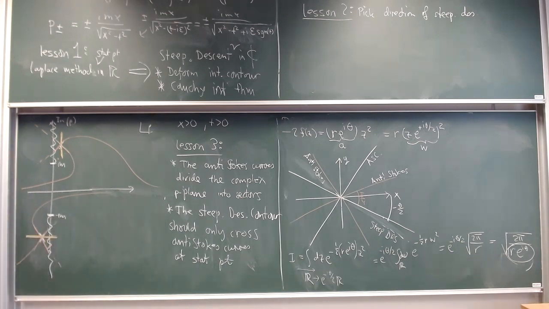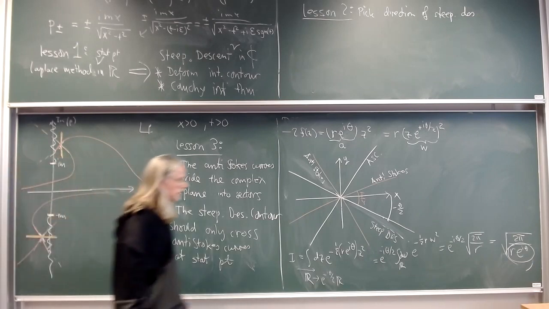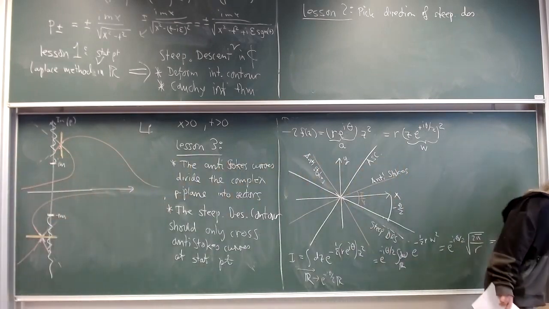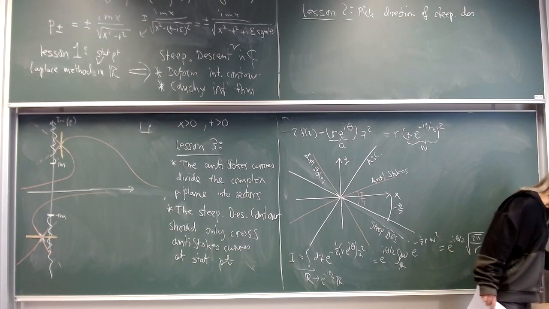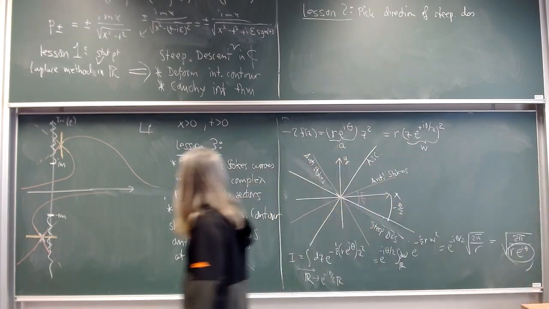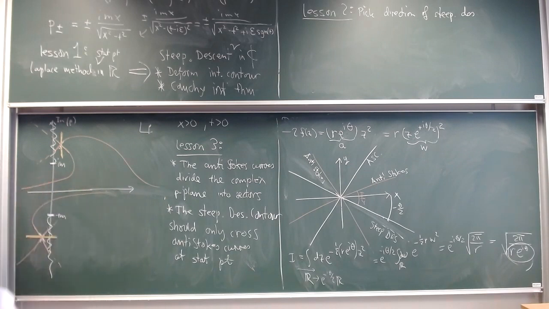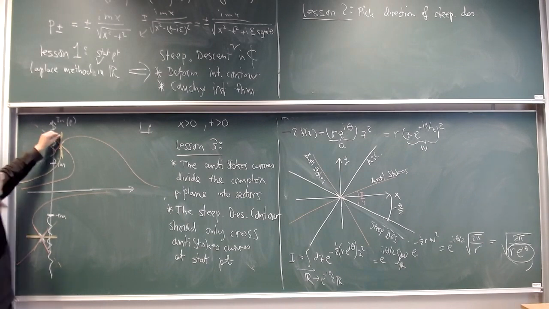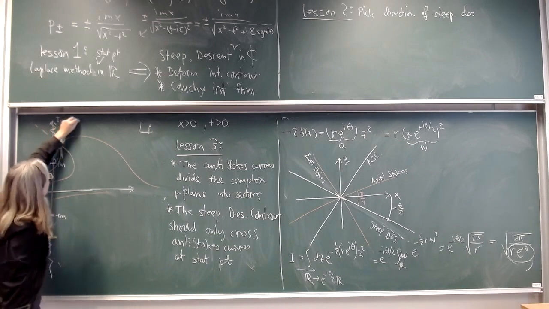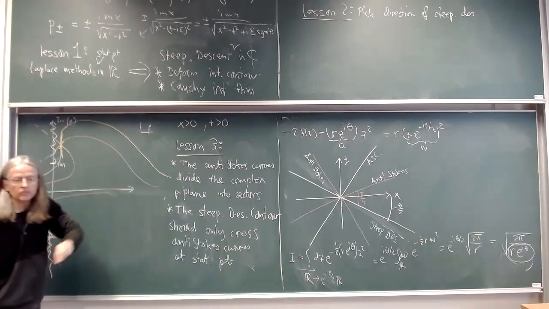The point is now that we want to integrate the contour along the real axis. Maybe I'll put it in orange. We're going to take this and deform it over here, and it actually gets close to the real axis over here. And we're going to take this one and deform it, and it also gets close to the real axis over here.